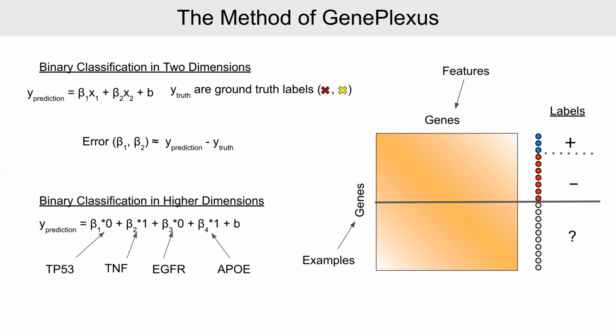The same thing works for genes. What you can do is use these molecular networks and take the interaction of a gene to all other genes in the network. So now the examples are genes, the features are genes, and then you can set labels. If you're going to look at biological process 1, you know some genes participate in that process, you know some genes don't, and then you can train a model.